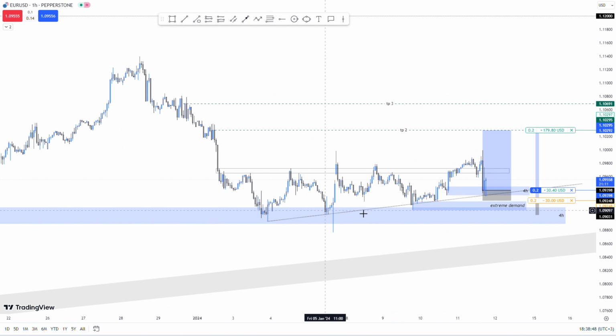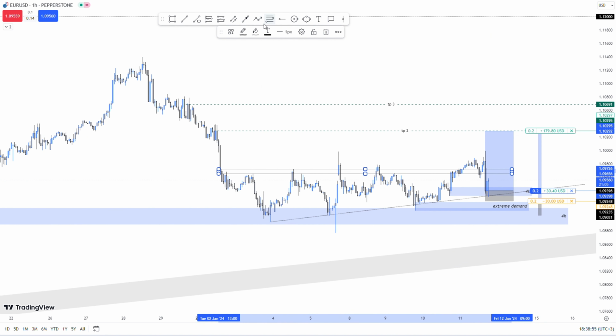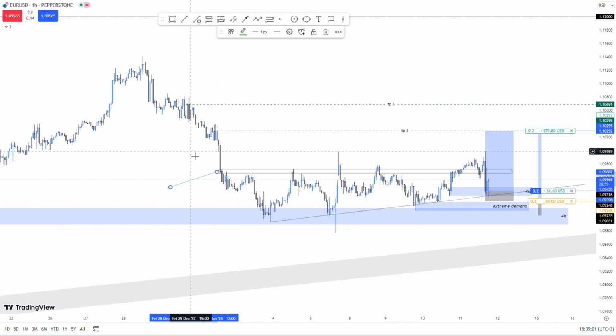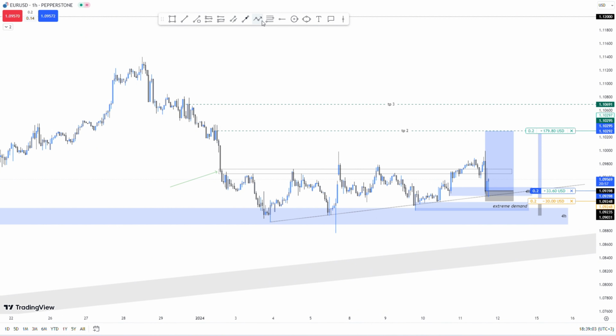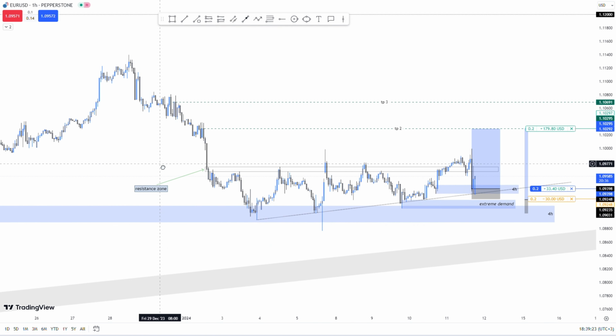Looking at how the price reacted to the demand zone, we can see the minute the price hit our demand zone, it started forming a small uptrend, and on the upper side, after the change of character of the downtrend, there was a formation of a resistance zone.